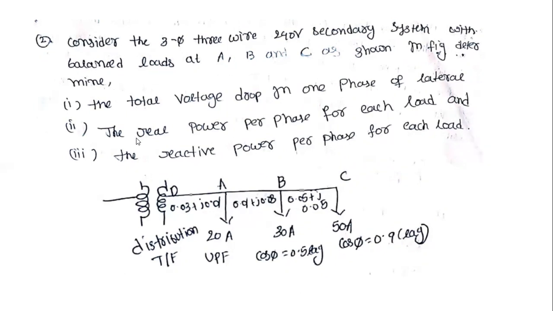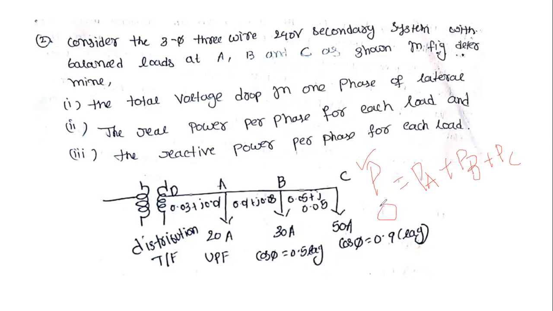Then we calculate the real power P. P is equal to PA, the real power at point A, plus PB, the real power at point B, plus PC, the real power at point C. This is the total real power for the network.